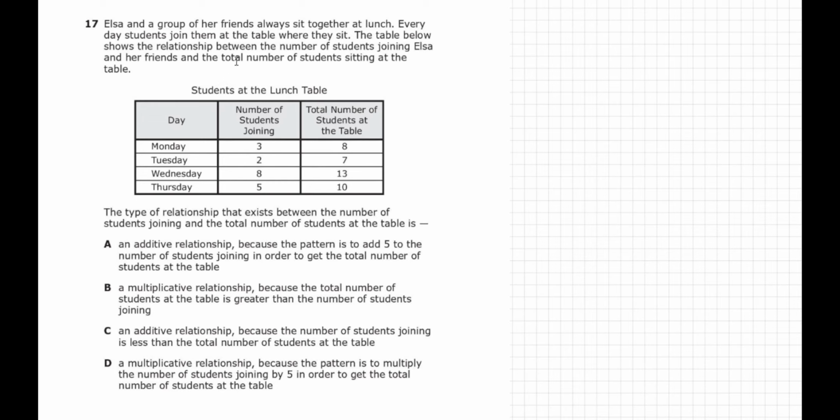The type of relationship that exists between the number of students joining and the total number of students at the table is Option A, an additive relationship, because the pattern is to add 5 to the number of students joining in order to get the total number of students at the table. So A is the correct answer.